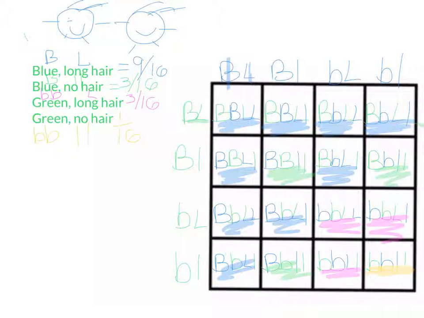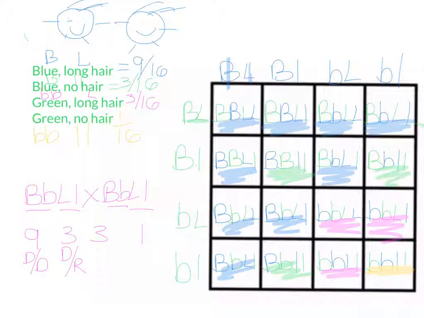The other thing you should know is whenever you have two parents that are heterozygous for both traits, so big B, little b, big L, little l, and big B, little b, big L, little l, it's important that it's both parents, you're always going to have a 9, 3, 3, 1 ratio, with the 9 being the two dominant traits, the 3 being one dominant, one recessive, the other 3 being the other dominant and the other recessive, and the 1 being the two recessives.